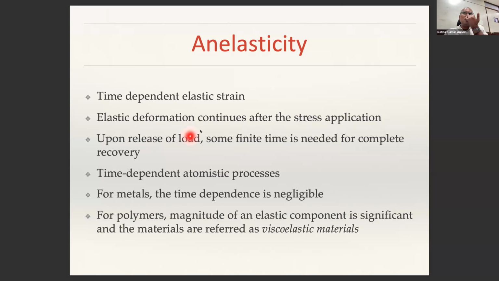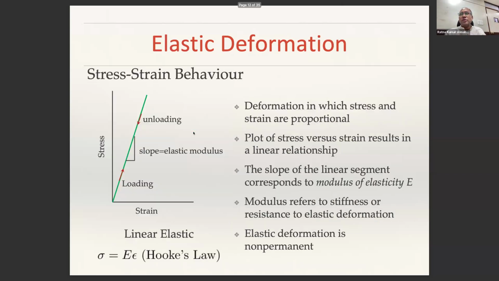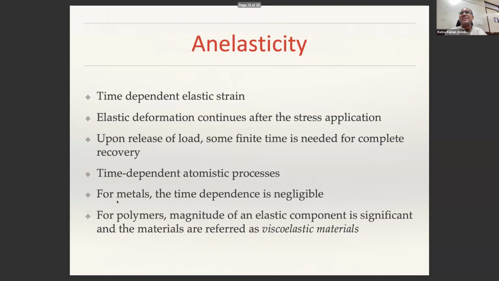And once you release the load, in pure elastic deformation, as soon as I remove the load, the strain becomes zero instantaneously. There is no time lag. That is what a pure elastic deformation is. Whereas if we are dealing with an inelastic deformation, upon release of the load, you actually require some time for a complete recovery.